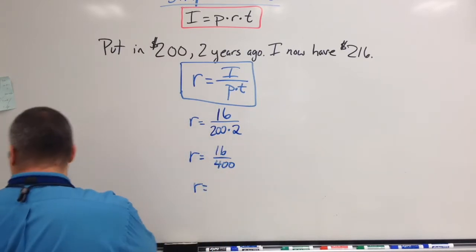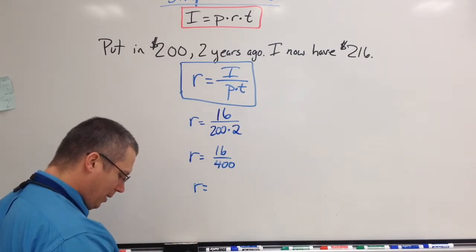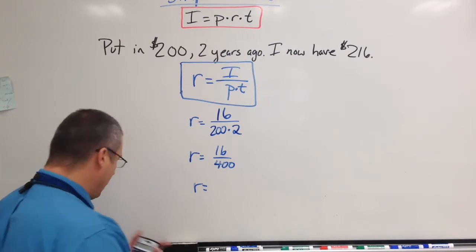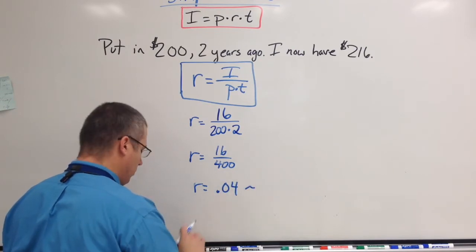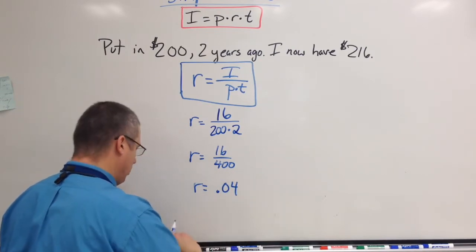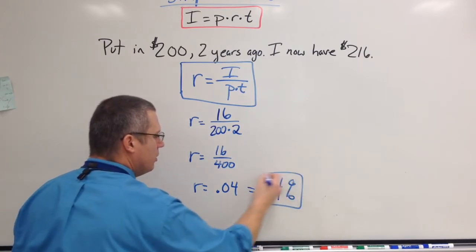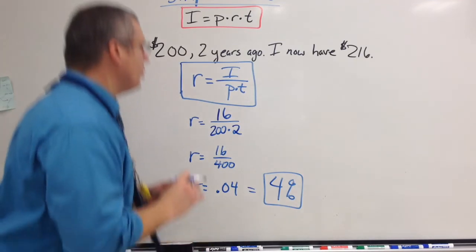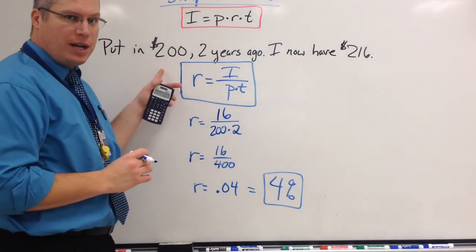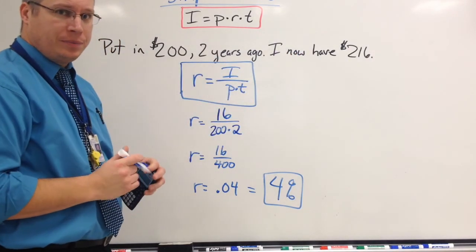Rate equals 16 divided by 400. 16 divided by 400 is 0.04, which is equal to 4%. So that's the rate that I was locked in at, so to speak. That's the rate that the bank used when I put in my $200, waited 2 years, and I now have $216. So that's rate.